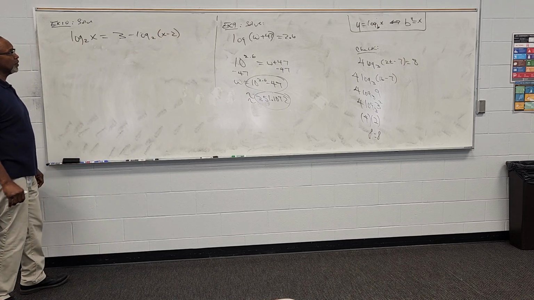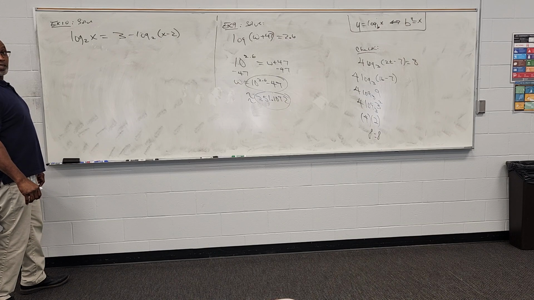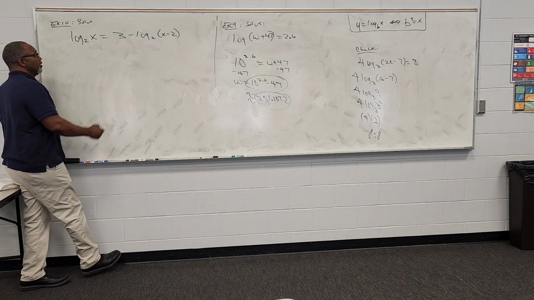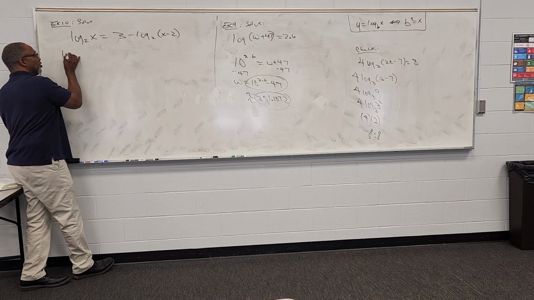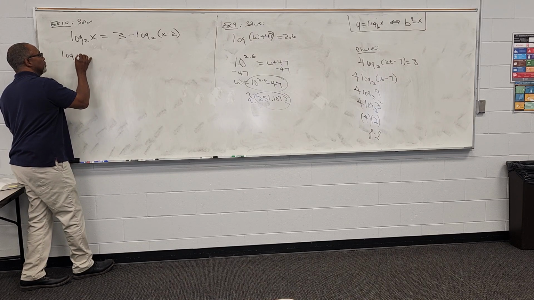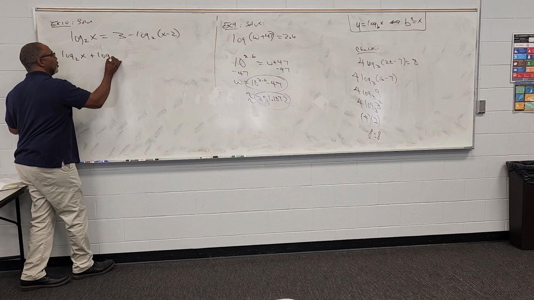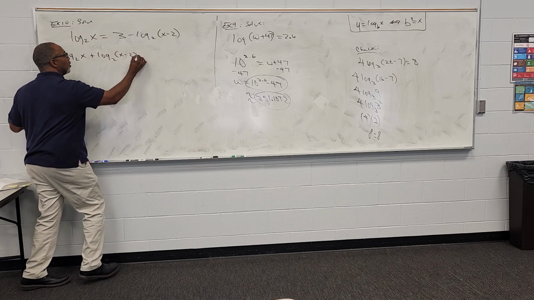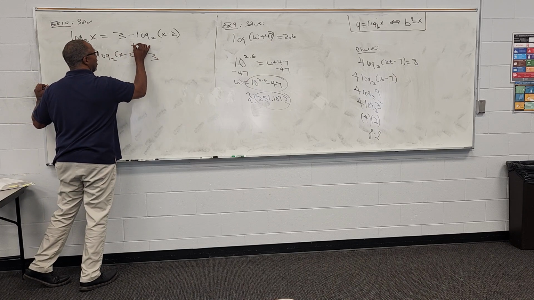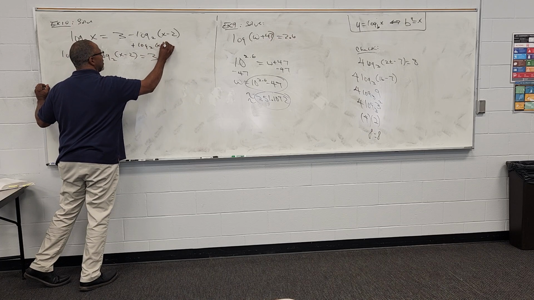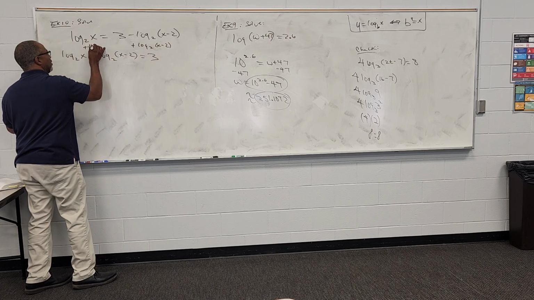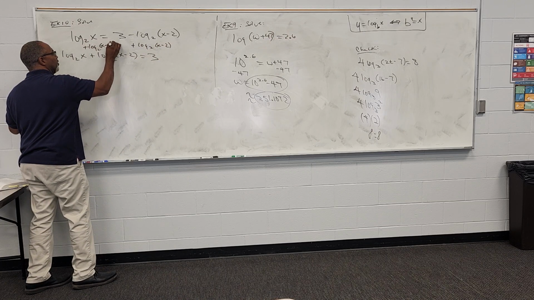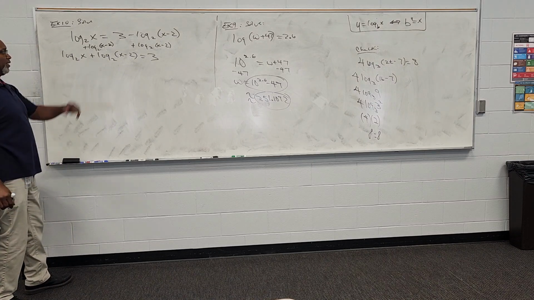Okay? Well, I've got to isolate one log on one side. That was my first rule. So I'm going to add log to the base 2 of x minus 2 to both sides. I added log base 2 of this on this side, and I added log base 2 of this on that side, and I got this.